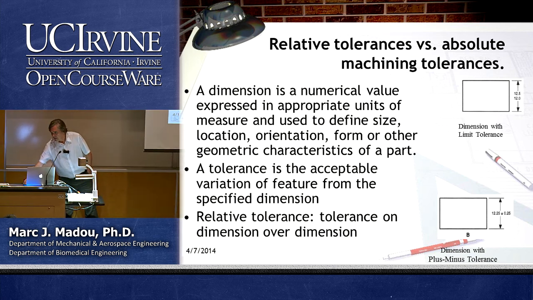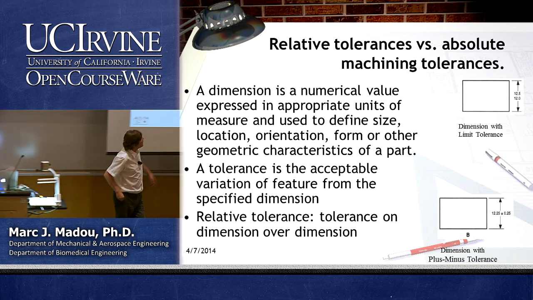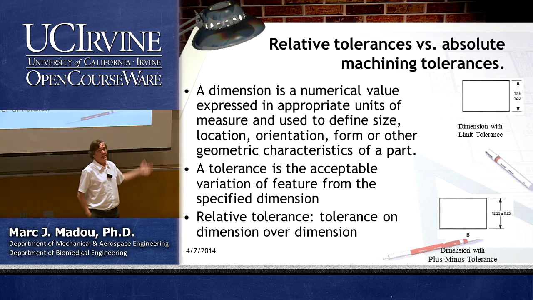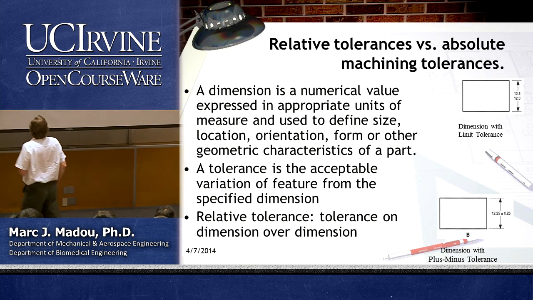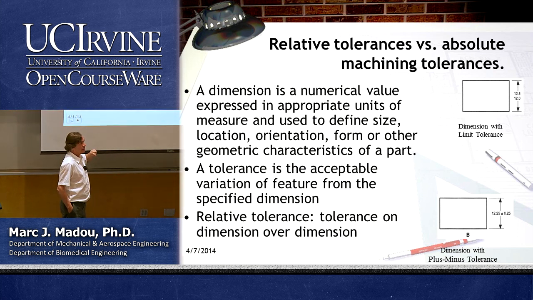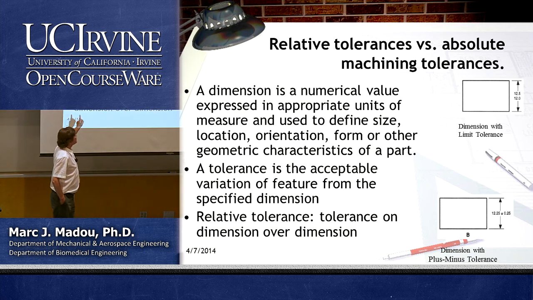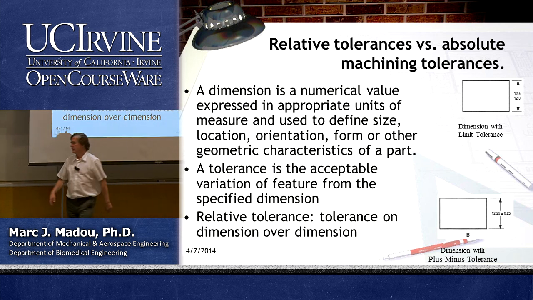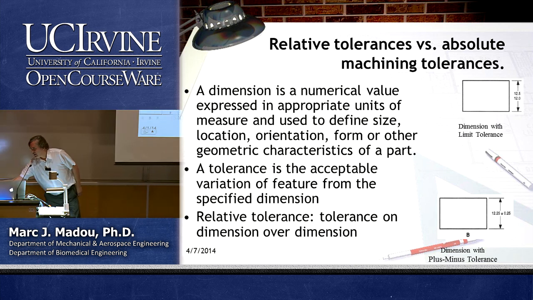So let's say we'll call that dimension there centimeter, microns, I don't care, it doesn't matter. A tolerance now is the acceptable variation on that dimension. And what is the relative tolerance? The tolerance on dimension over dimension. Okay, what does that mean? That last statement.